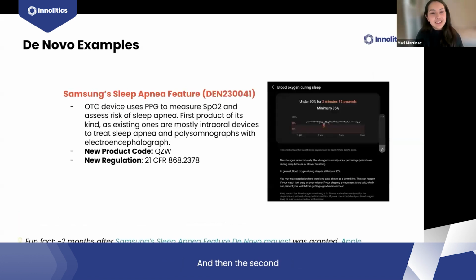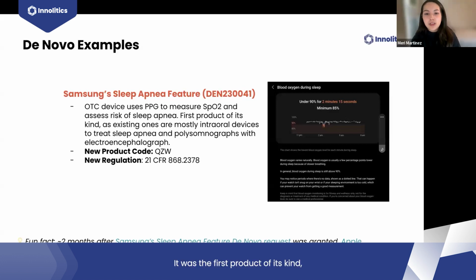And then the second de novo example I want to talk about is Samsung's sleep apnea feature. This is another over-the-counter device that uses PPG technology to measure oxygen saturation in the blood and assess the risk of sleep apnea in its users.